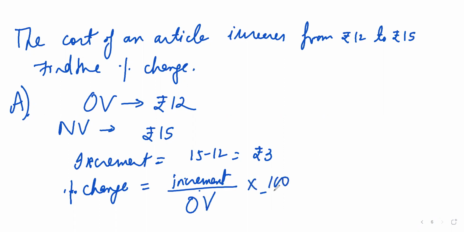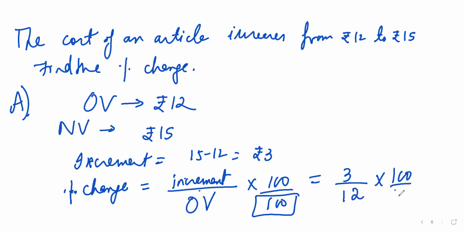And of course, you can write 100 by 100, don't touch the denominator 100. So it is 3 upon 12 into 100 upon 100. So 3 ones are 3, 3 fours are 12, 25. So you should know the factors of 100. It's very important. It helps you in cancelling and simplifying in this manner. So 25 by 100 is 25%.